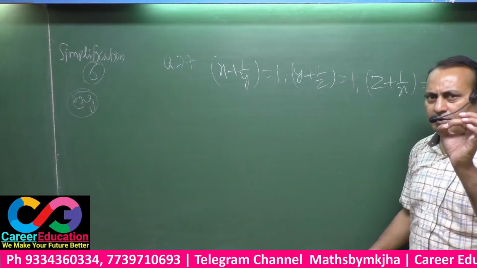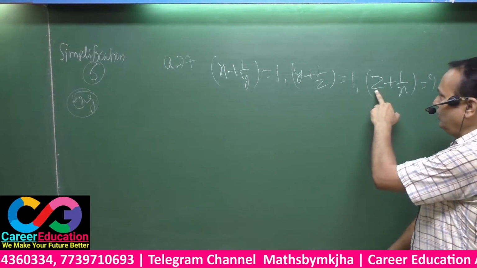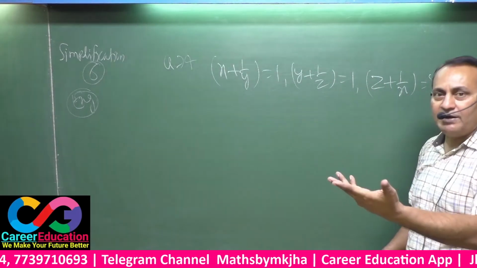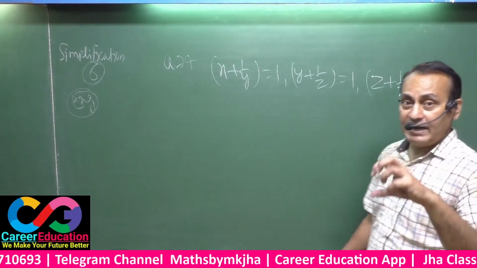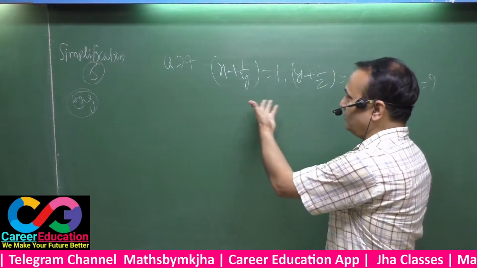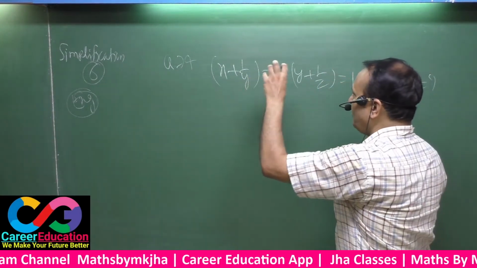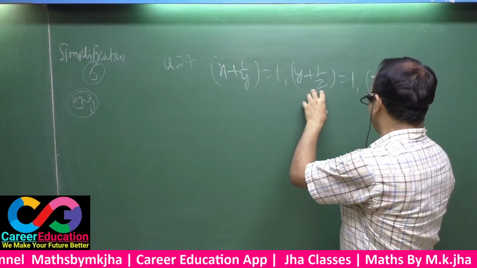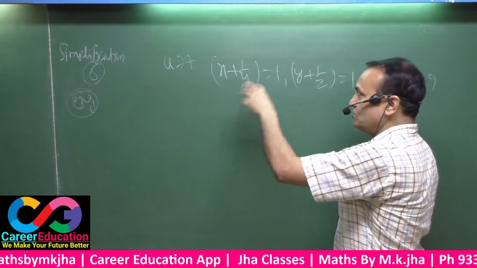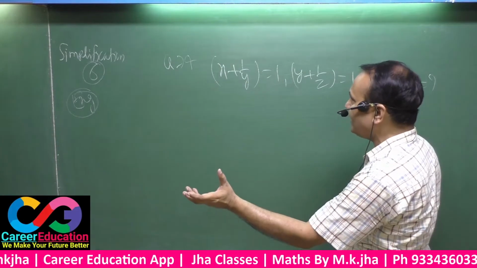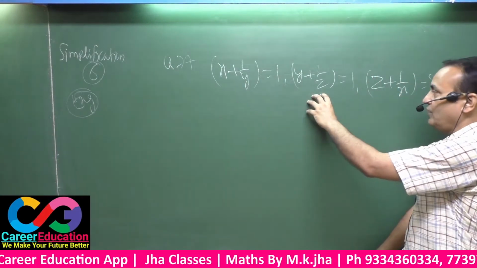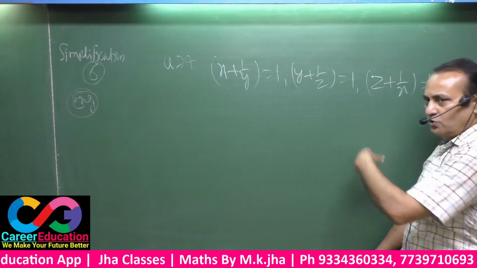You have a theme here. If z plus 1 by x is to be pointed out, certainly z and x must be pointed out from here. That means you can have the value of x from here, and you can have the value of z from here. This equation will be giving you the value of x, this equation will be giving you the value of z. Those must be put here.